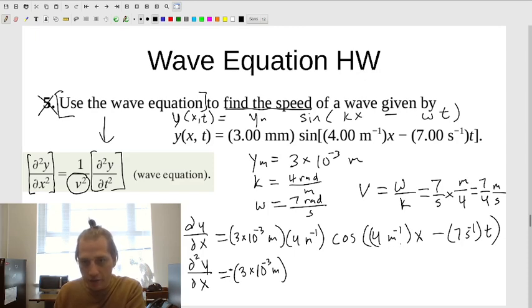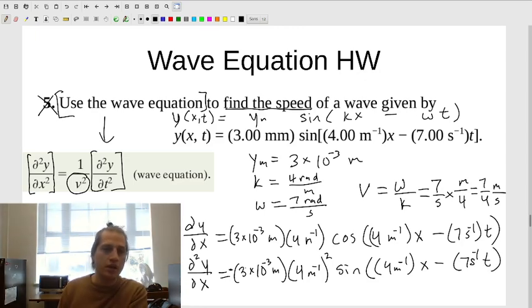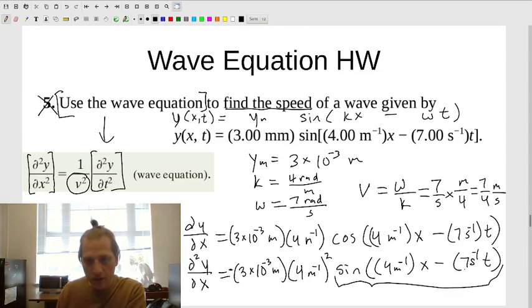And then I get another factor of 4 inverse meters, so it's going to be 4 inverse meters squared times sine of 4 inverse meters times x minus 7 inverse seconds times t. Okay, so you're going to put this in, and the key thing to notice is that when you put this stuff in on your left side and your right side, you're going to have a term that looks like sine of 4x minus 7t on both sides that will cancel out, and that will let you use the rest of the stuff to solve for v squared.